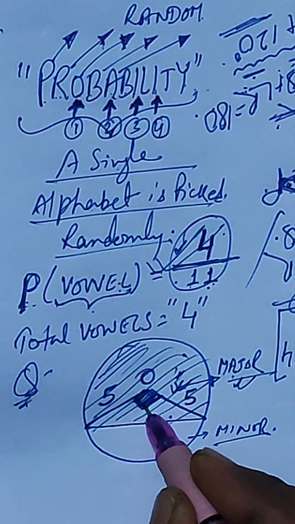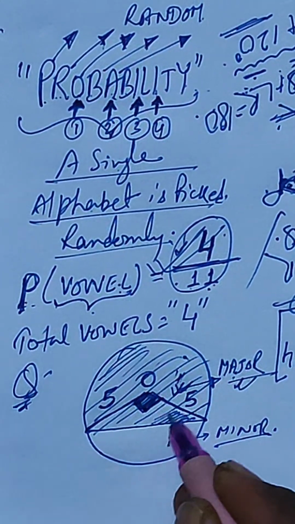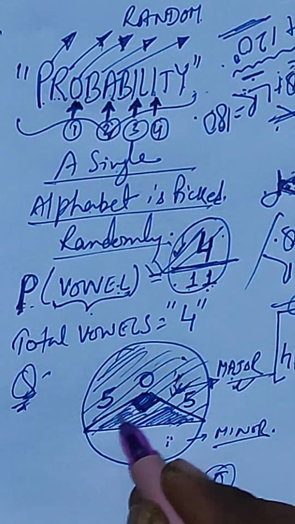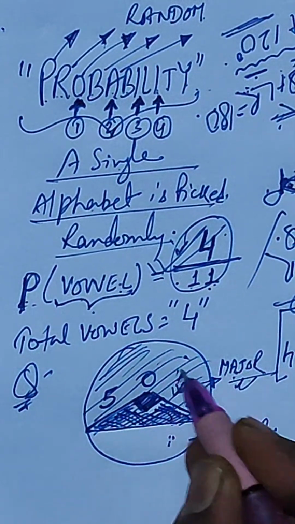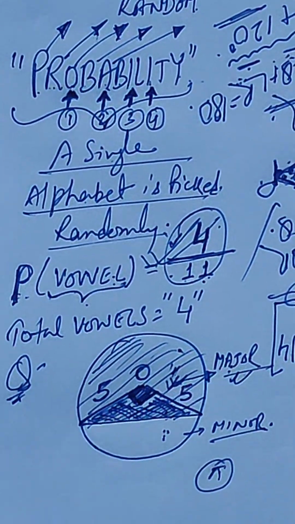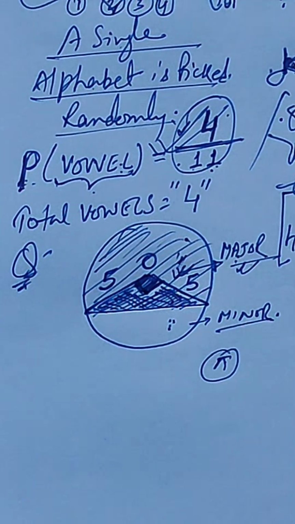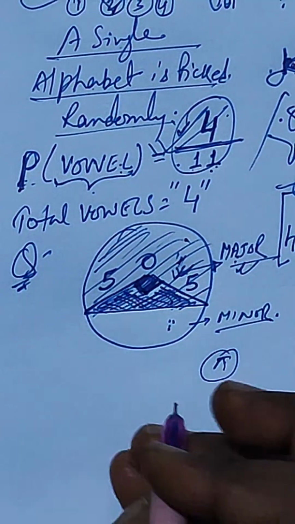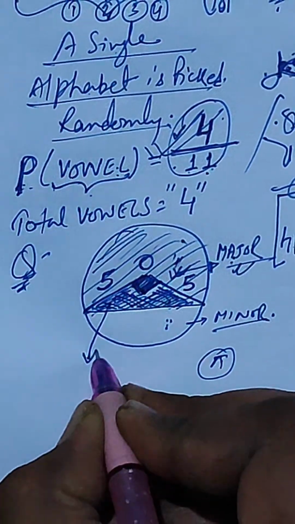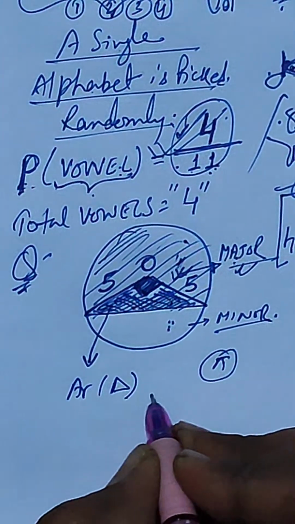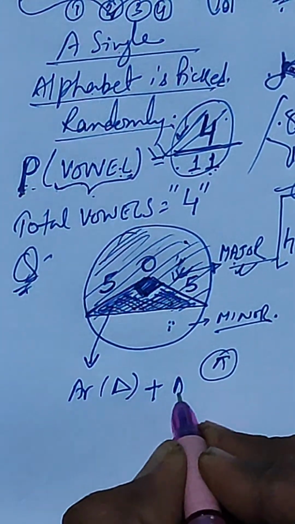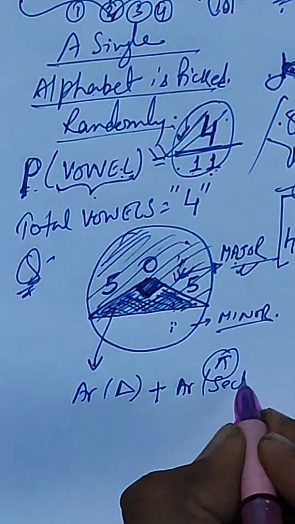One is this triangle, and another is this major sector, right? So we can do one thing, my dear friend Anskhari. Area of this triangle can be considered plus area of the sector.